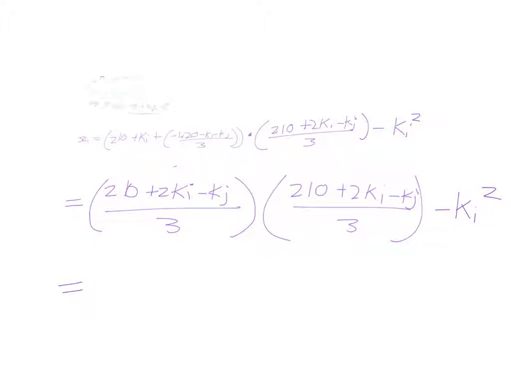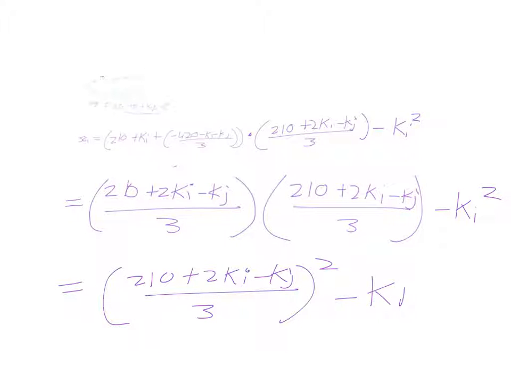And then after the pain is over, you end up with J3 squared minus Ki squared. So that's what you end up with.